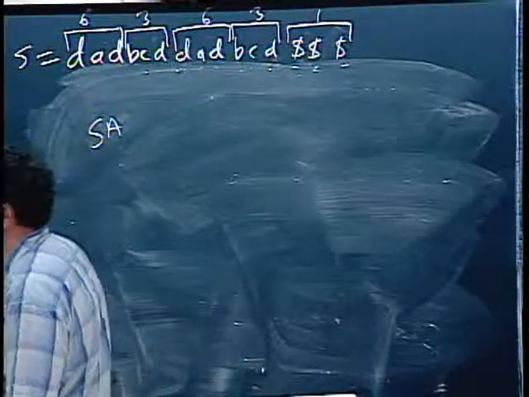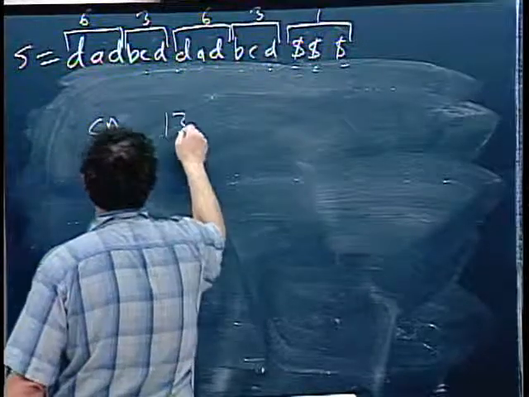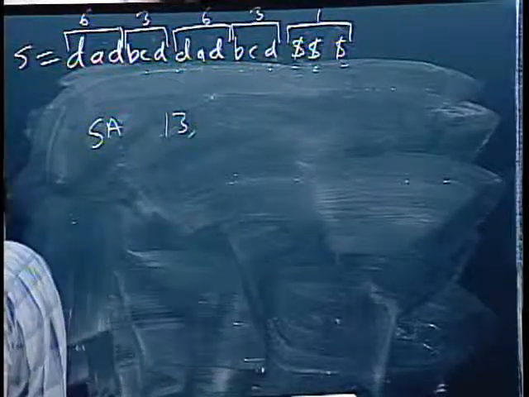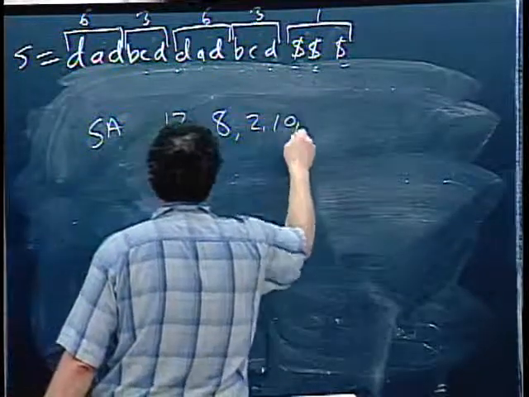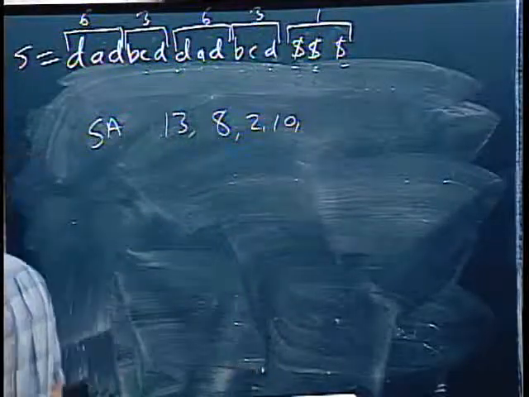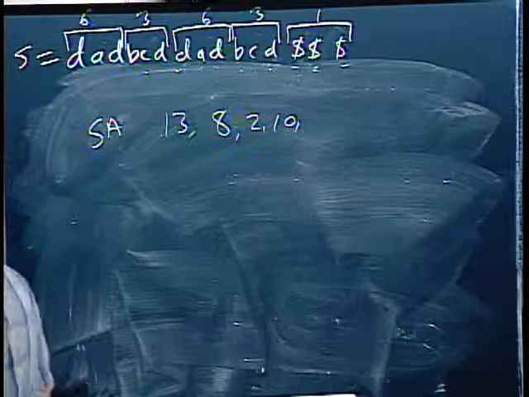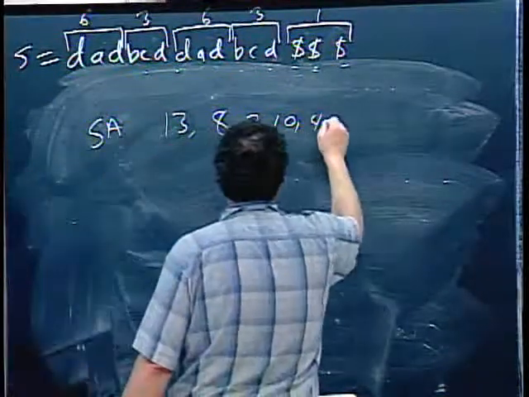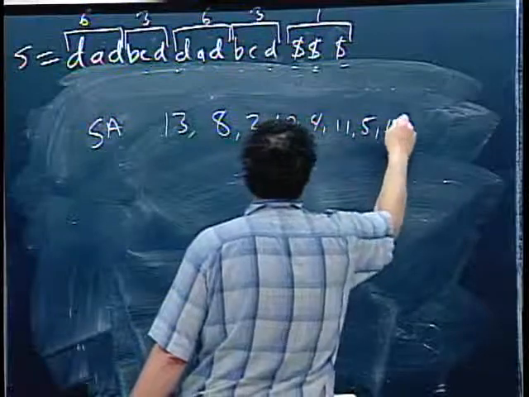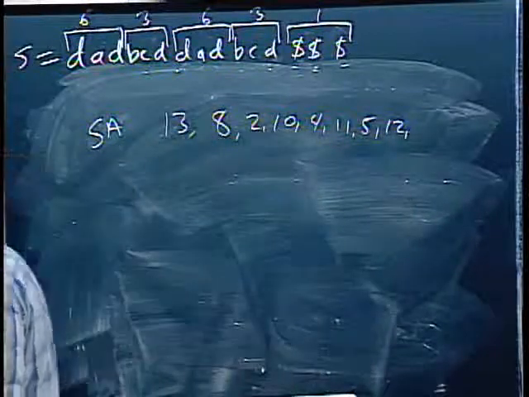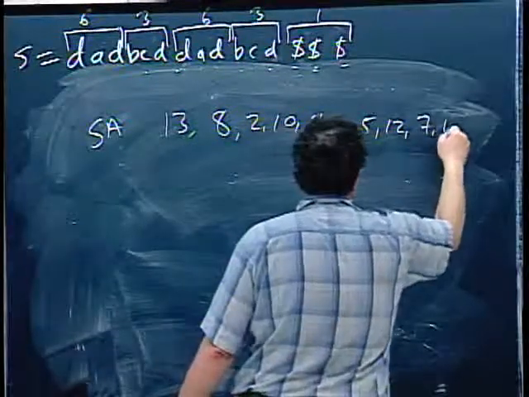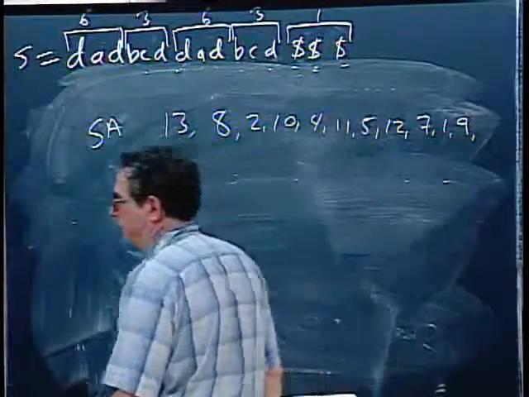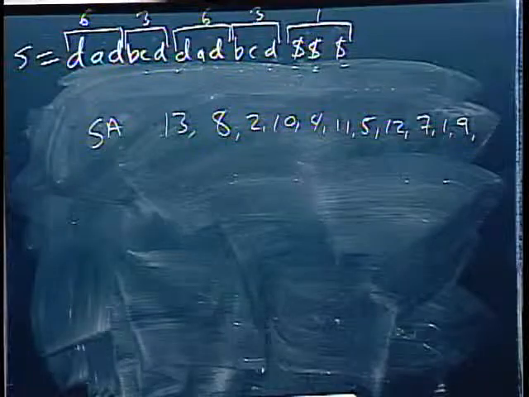And now, okay, I'll just give you one: 13, 8, 10, 4, 11, 5, 12, 7, 1, 9, and then I think it ends 3, 6.